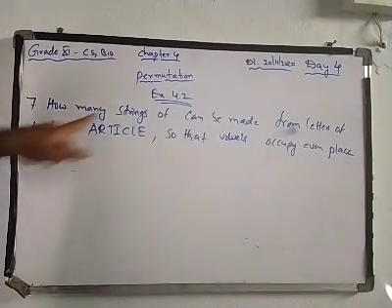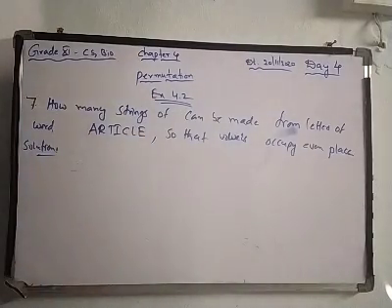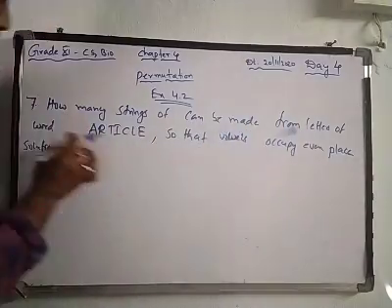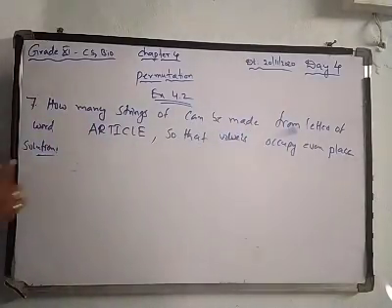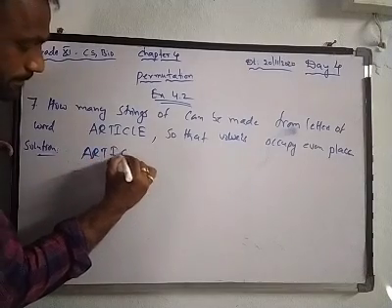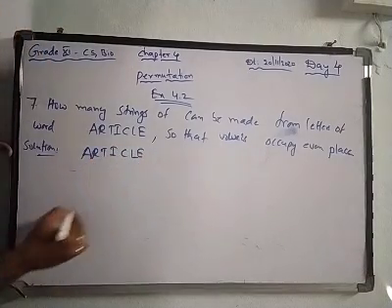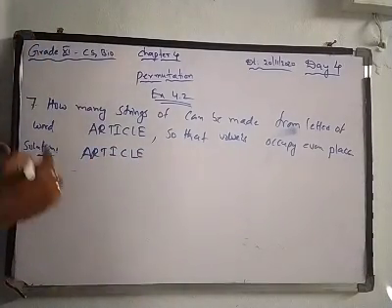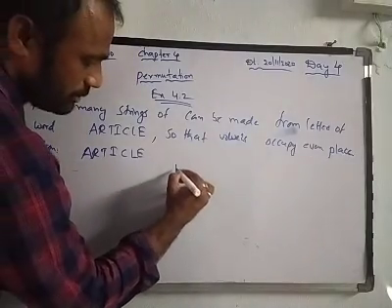Okay. Next, exercise 4.2, seventh question. How many strings can be made from the letters of the word ARTICLE so that the vowels occupy the even places? So ARTICLE is a 7-letter word.